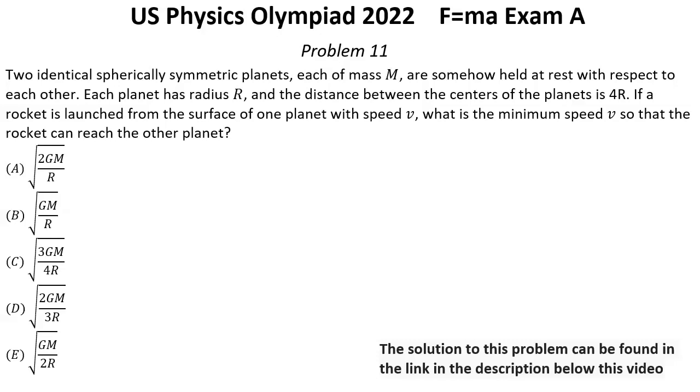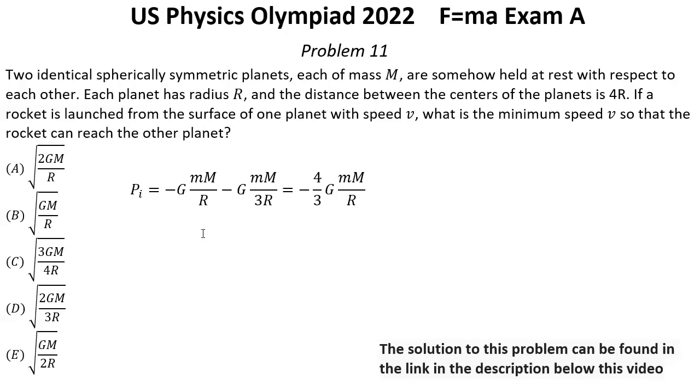So on the surface of one planet we have potential energy equal to negative G small m big M over r minus G small m big M over 3r, where 3r is the distance to the second planet.